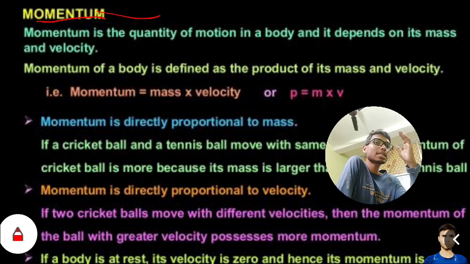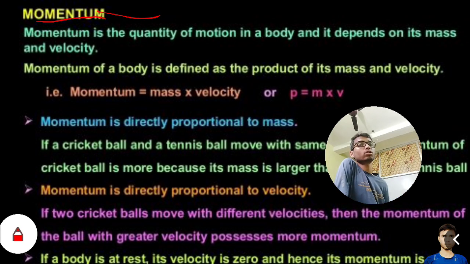If mass is 90 kg and velocity is 3 meters per second, then you will realize the quantity of motion. With this much speed, your object is moving.